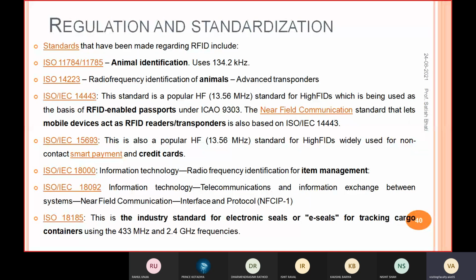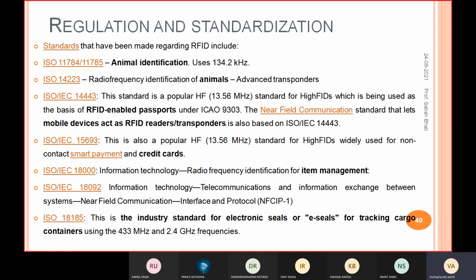For RFID there are so many different regulations available. ISO has given specific names to those standards. You can see in orange color ISO 11784 and 11785. These two both use the frequency of 134.2 kilohertz, and generally this is used for the application of animal identification, right?